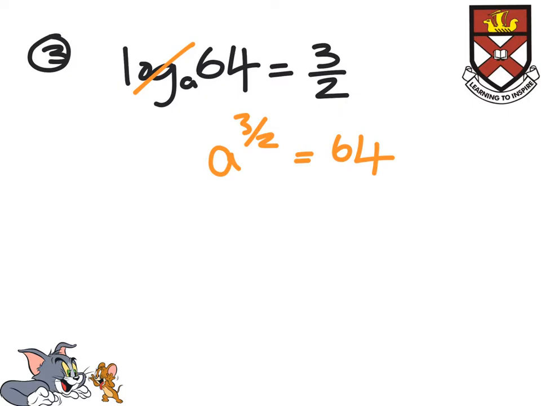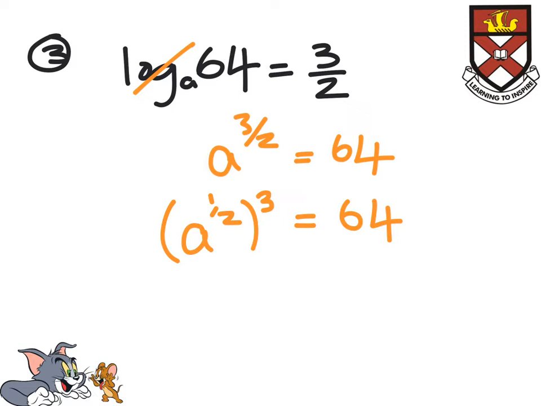However, if you remember from your laws of indices, then a to the power 3 over 2, this power is actually made by doing a to the power a half, to the power 3 equals 64.